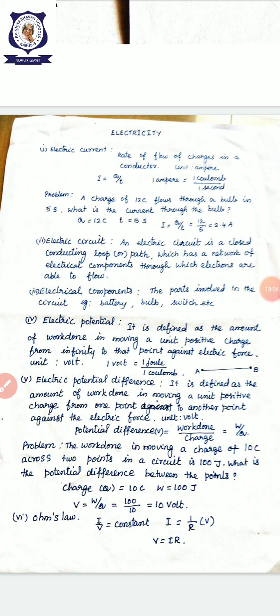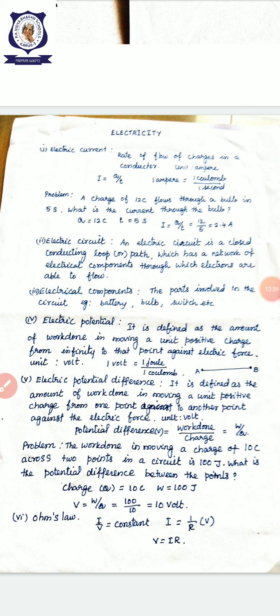The tank should be at the top of the house, then only can we get the water to flow through each and every pipeline. That means there should be a pressure variation. That pressure variation is called potential. From the lower level to the higher level, while we are moving the water, we are doing some work with the help of the motor.